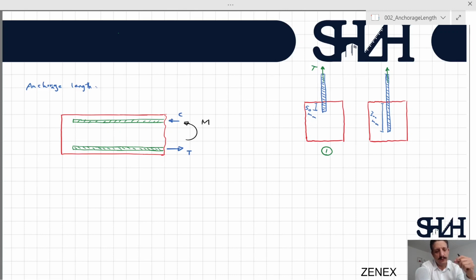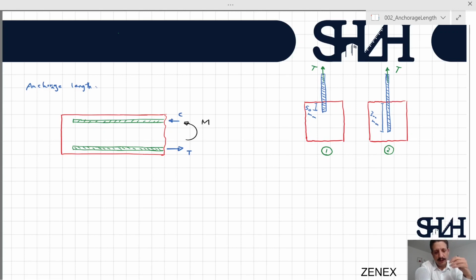As a result, we say that we do not have enough anchorage length in this case. But in case number 2, we can see that it has more and better resistance to be kept inside the concrete. And the main reason is that it has enough anchorage length.